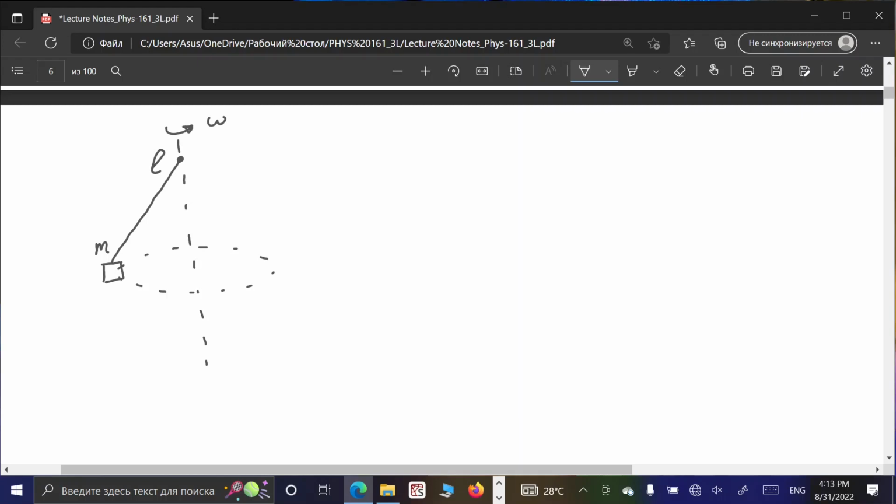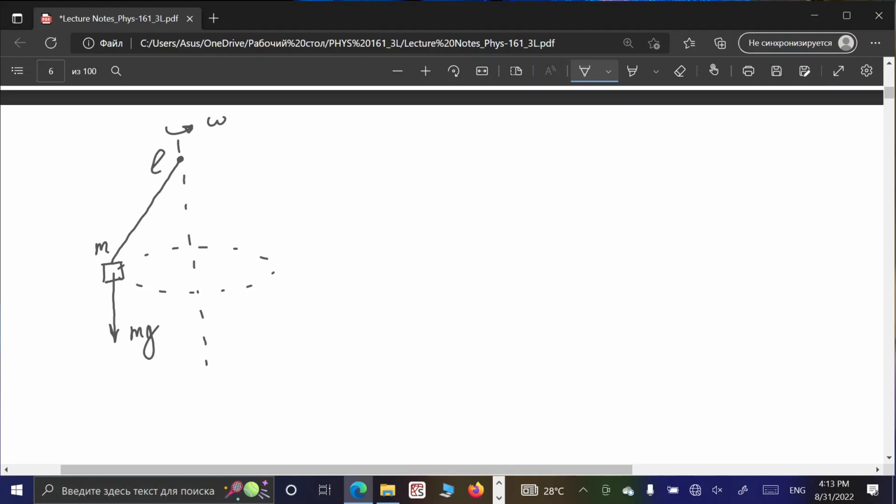So obviously, let's start from the most general. So there will be the weight of this block. So we have this weight of the block, mg. Then, mention centripetal. Well, that's centripetal acceleration and force. We remember the difference between centripetal force and centrifugal force.